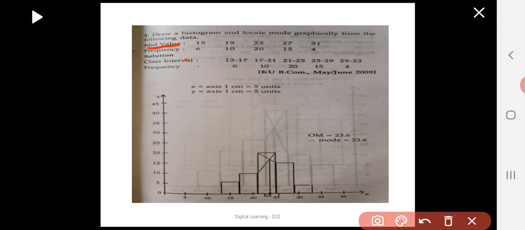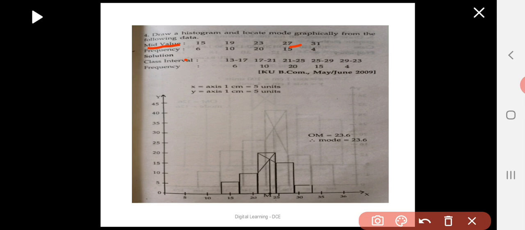Whenever mid values are given, we convert them into class intervals. So we just have to look into the difference between the mid values. There is a difference of 4: 19 minus 15, 23 minus 19, 27 minus 23, 31 minus 27, like this.